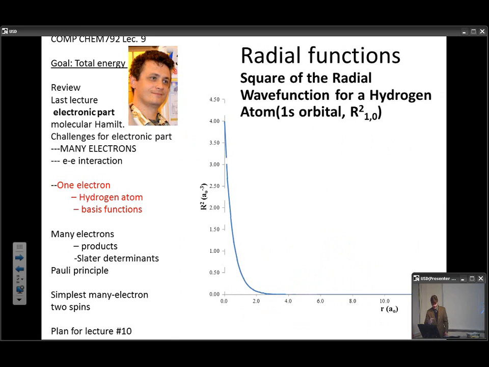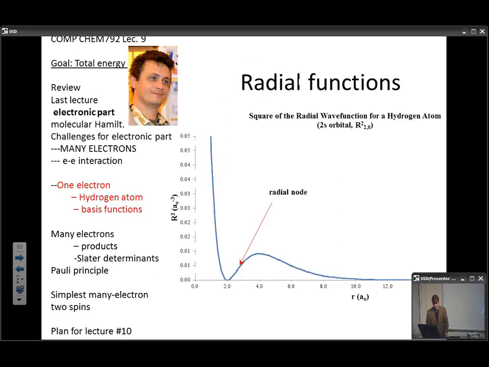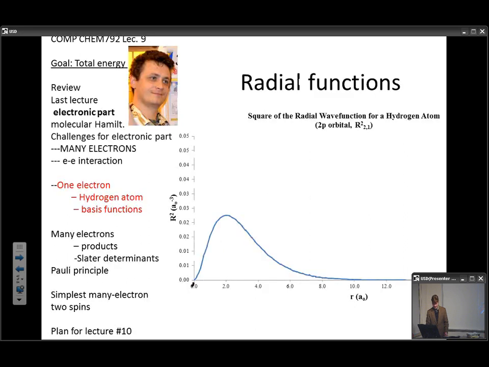Here is the dependence on the distance from the ion, and for S orbitals it is just increasing for the simplest S orbital; for the next S orbital it has a minimum, then rises back. And here is the example of the radial dependence of a P orbital, which has a zero where the probability to find the electron near the attracting center is zero. And one can build those functions according to the formula for each quantum number.